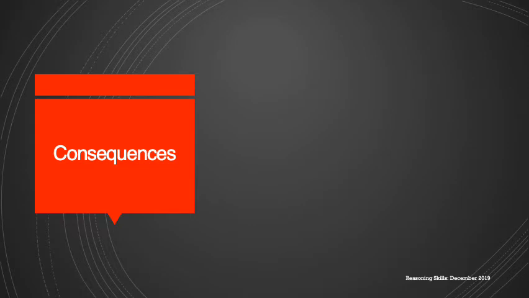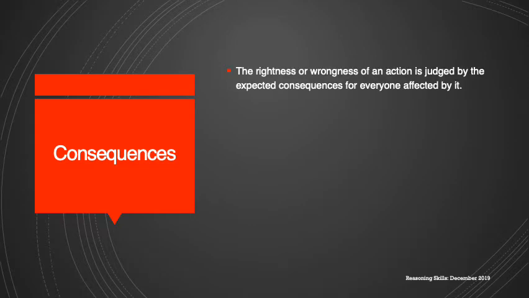When we consider moral consequences, we consider the rightness or wrongness of an action. And we judge that by thinking about the consequences for everyone affected by it. If I do this, what will follow from that? What chain of events will I put into play?